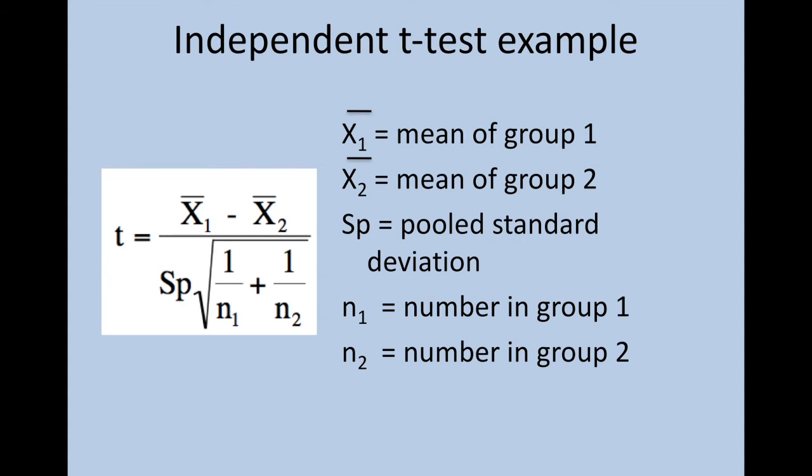So we're getting the standard error of the difference between means. And we take the difference between the mean of group 1 and the mean of group 2. We divide that by the pooled standard deviation multiplied by the square root of 1 over n1 plus 1 over n2. And that gives us our t-value.